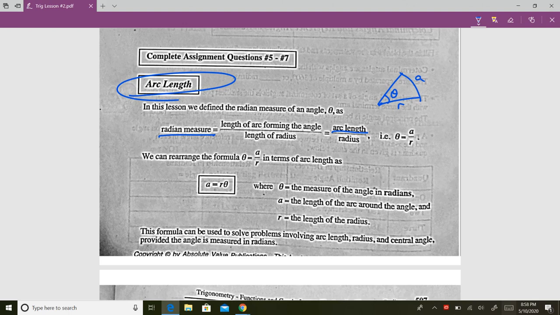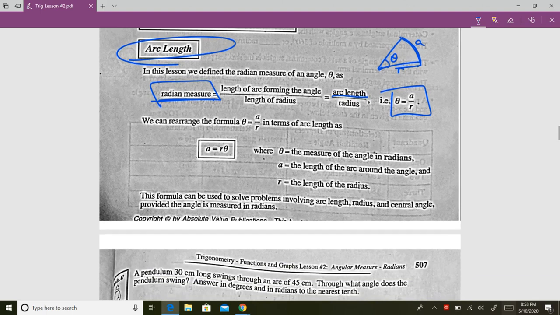But the radian measure of the angle is the arc length A over the radius. So this is the formula. If you multiply the theta up, you get A is equal to r theta. Theta is the measure of the angle in rads, must be in rads. A is the length of the arc, so this curve right here, and r is the radius.